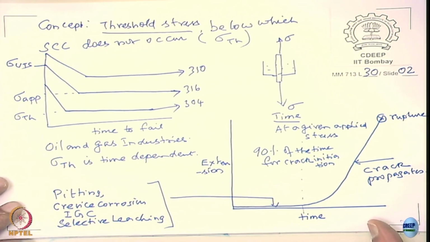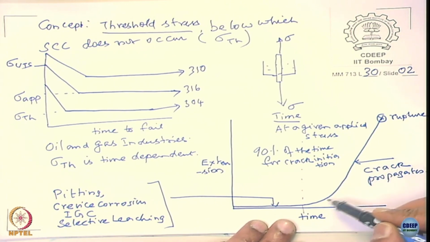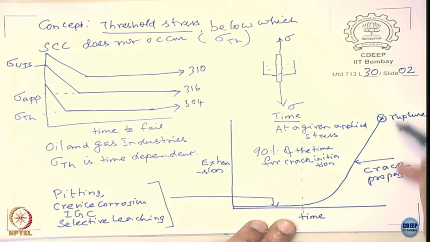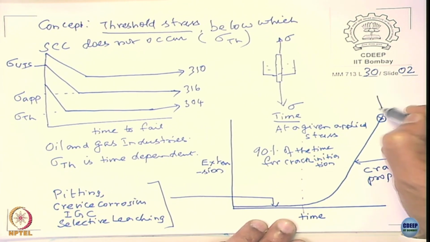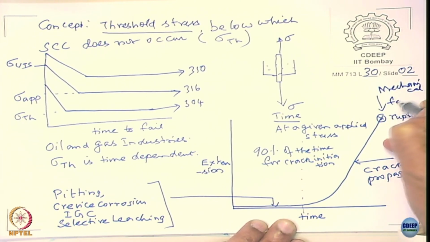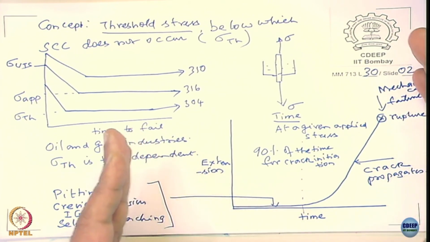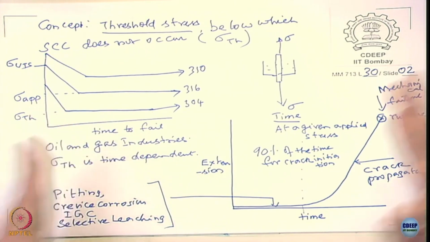The other thing that you would like to notice is that the crack initiates and grows and finally there is a rupture, right, and this rupture is a mechanical failure of the remaining portion of the specimen or component, right.